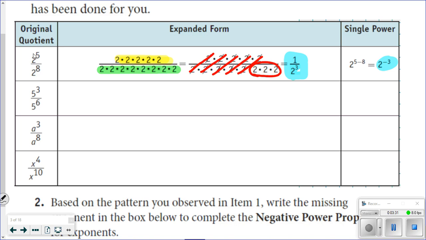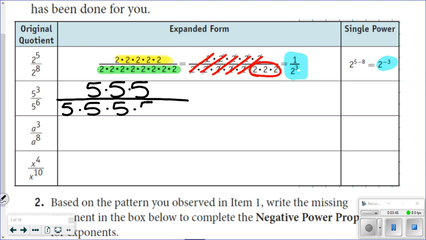So let's look at the 5s. 5 cubed is 5 times 5 times 5. In the denominator, 5 times 5, there's going to be 6 total. Perfect. And then let's cancel out.